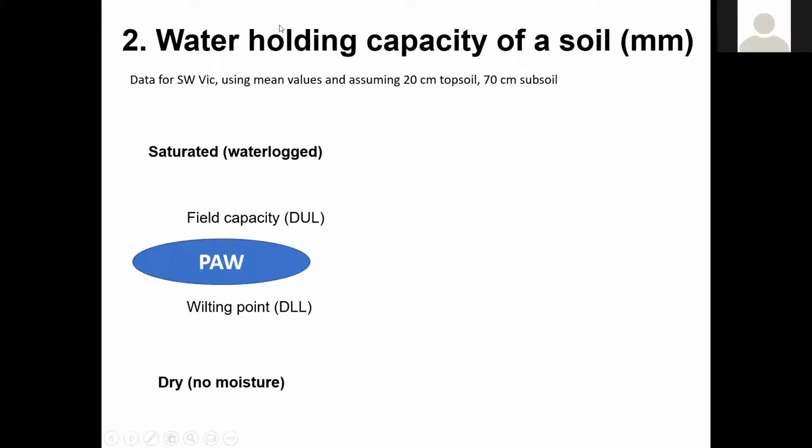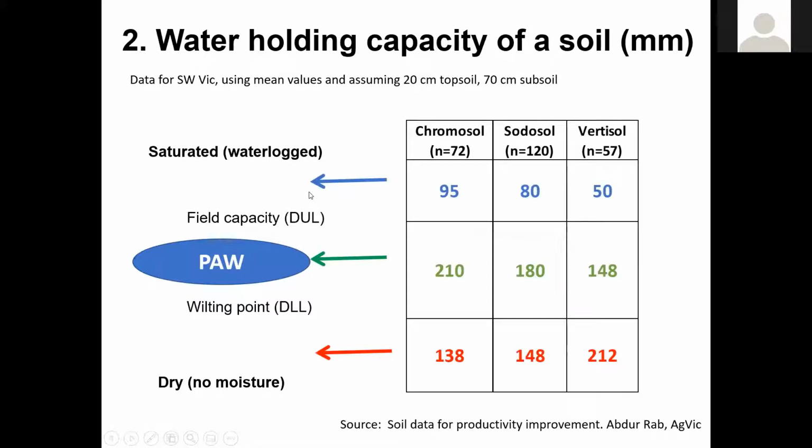So if we think first of all about how much water the soil holds, I'm going to show you some numbers based on those 3 soil types. The first column is the chromosols, the second is the sodosols, and the third is the vertisols, or cracking clays.